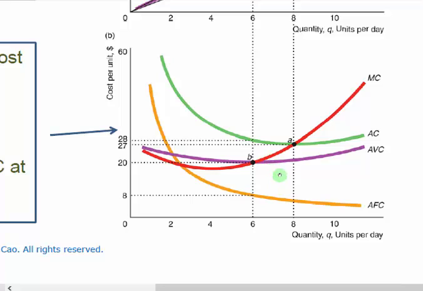And one last important feature of the cost curve, I have talked about this a moment ago, is that when the marginal cost is lower than the average variable cost curve, it brings down the average cost curve. Just because the additional units are cheaper, it makes the average cheaper.